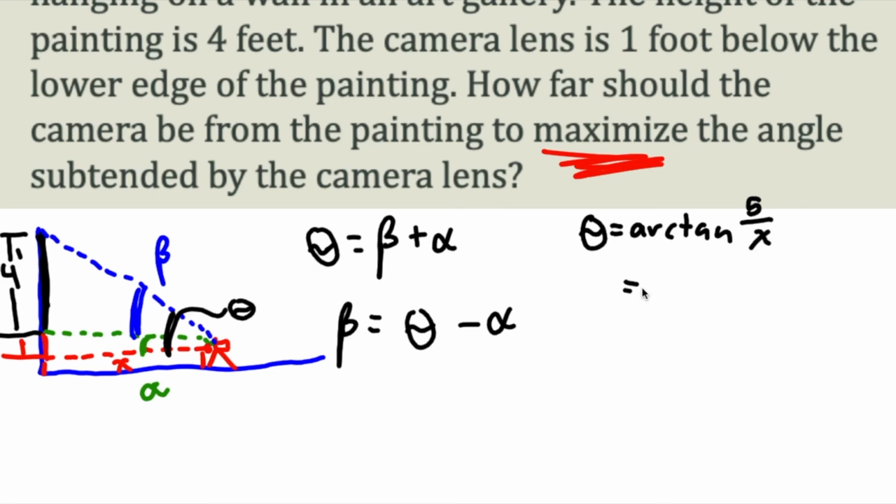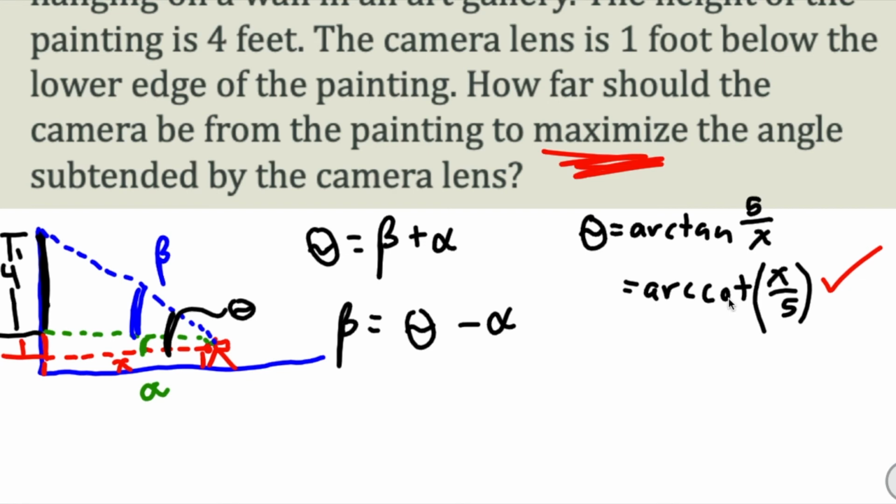This is also the same thing if we look at arc cotangent, but the reciprocal would be what we're going to use for the angle. So it would be adjacent over opposite, so that would be x over 5. Now, it does not matter which of those you choose to use, but the arctan option is easier because the derivative of the inside is easier to do.